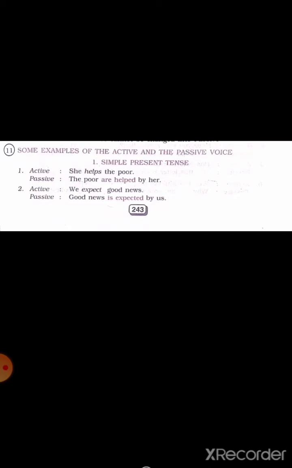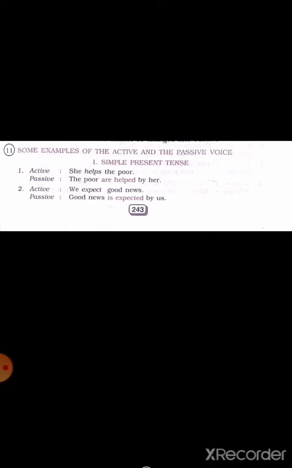Okay, next sentence, we expect good news. So good news is the object, it turns into subject. After that expect is a verb. Good news, news is always singular in number, so good news is.